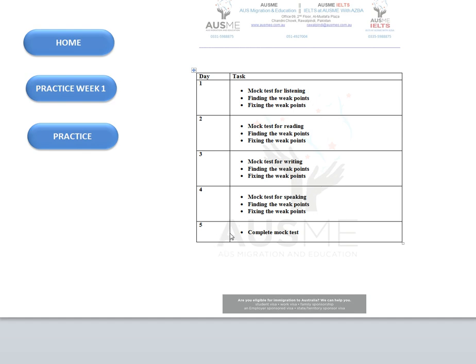When we come to day 5, that's when we actually start practicing the mock test of the whole test. As you know, the listening, reading, and writing are basically done all on the same day without breaks. The speaking is within that 7 days. It could be before or after the other 3 components.